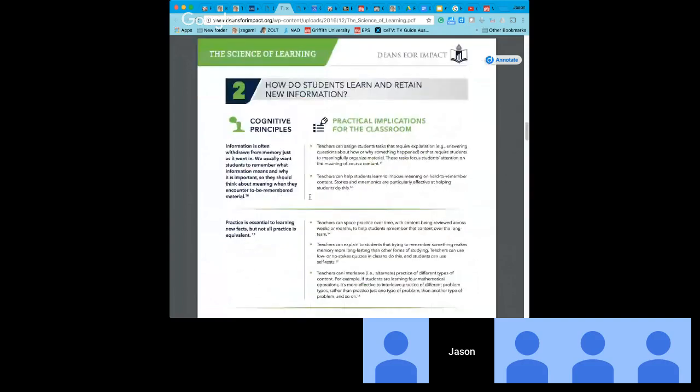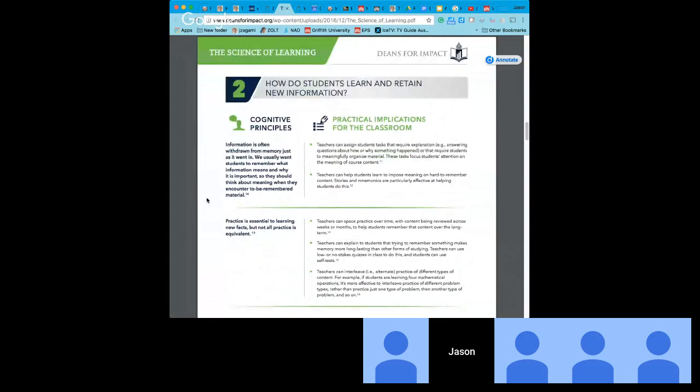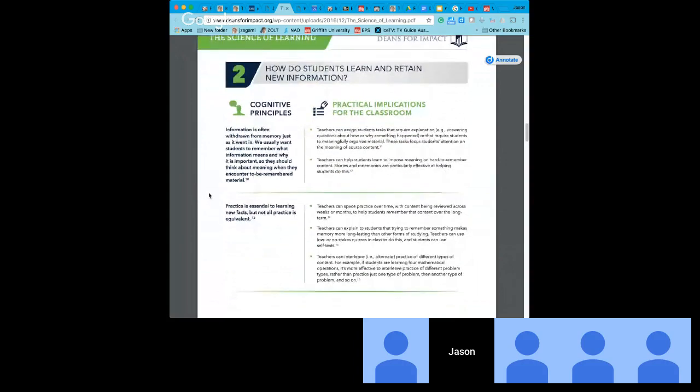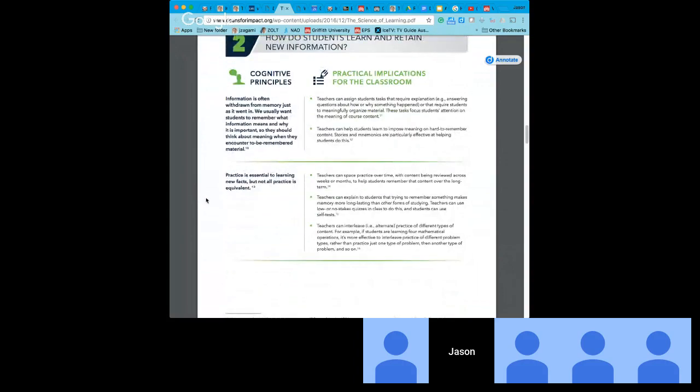So there are elements in there around cognitive science that you can consider, just so that you're not totally stuck within the progressive and traditionalist approaches, but there's also the cognitive approach that provides another alternative.